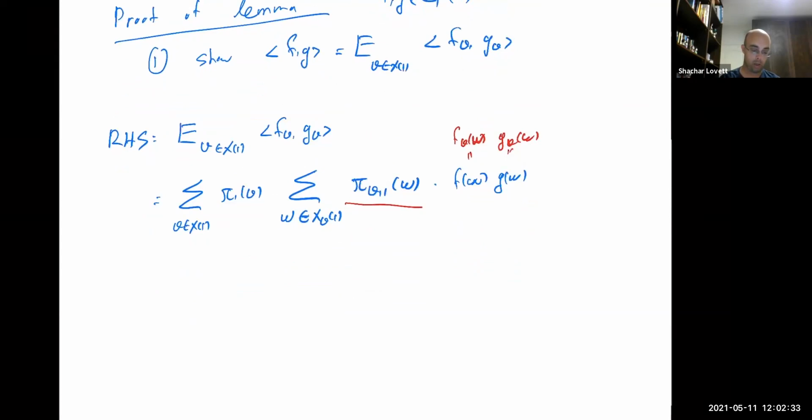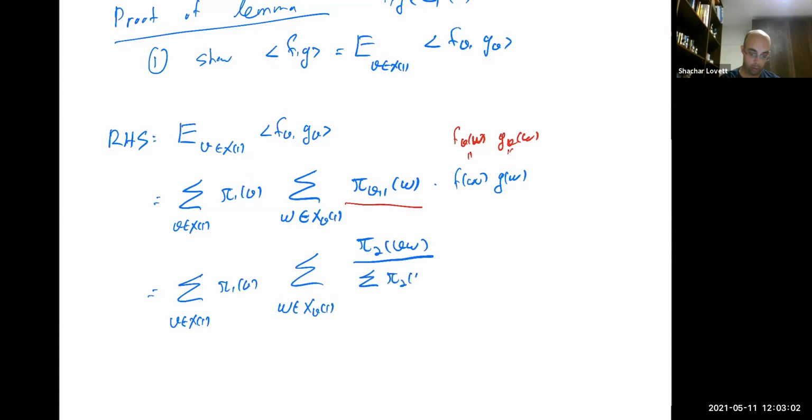So the first part stays the same. Now, what is this probability? Well, if you remember, it should be the probability under pi2 that we sample V and W, divided by the sum of all the probability pi2 of VU over all U in X1.